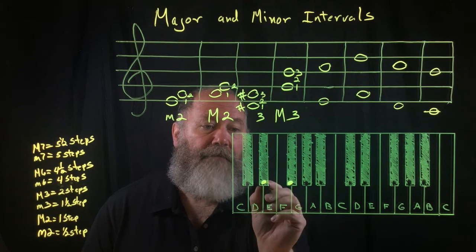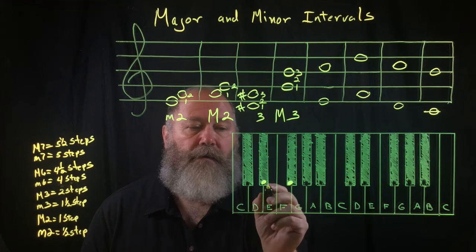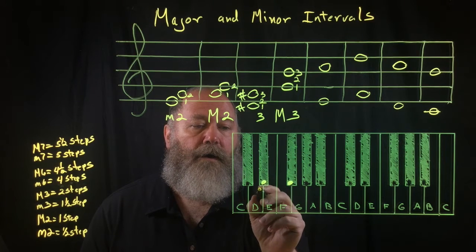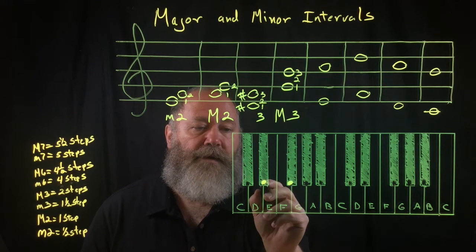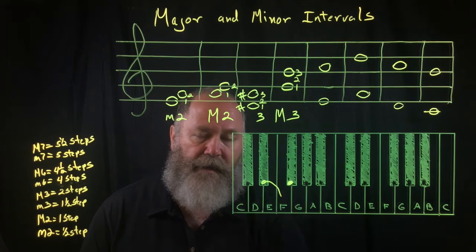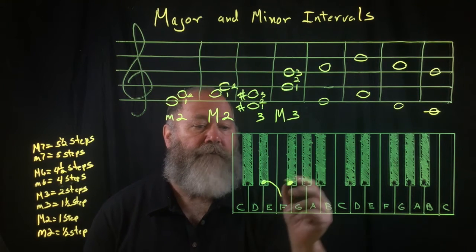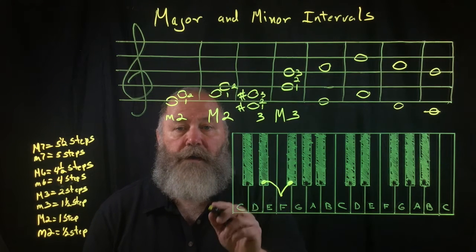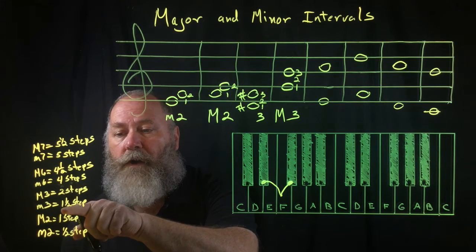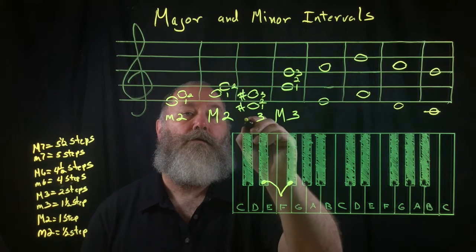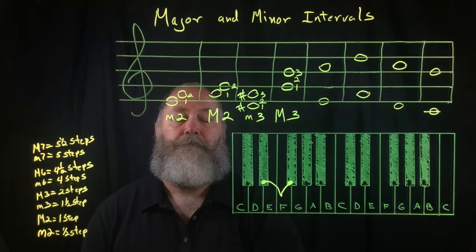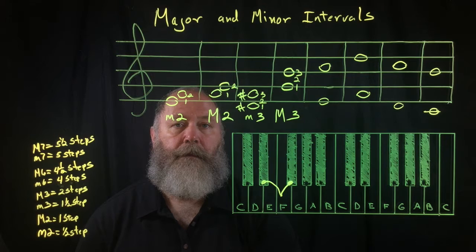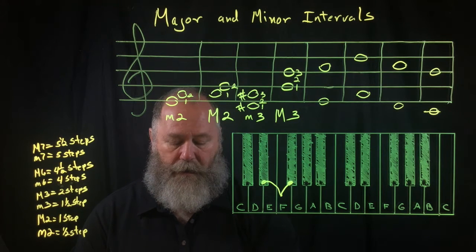From D sharp we're going to go up a whole step. That means we skip the white key E and land on F. And from F to F sharp is only a half step. So that's 1 whole step and a half step. So 1.5 steps is a minor third, or lowercase m3.